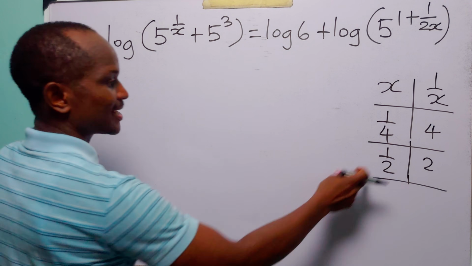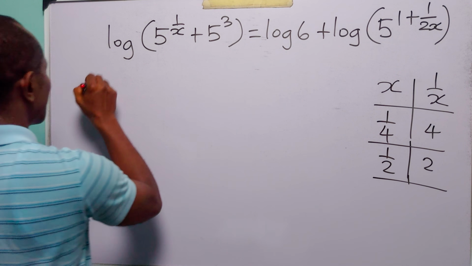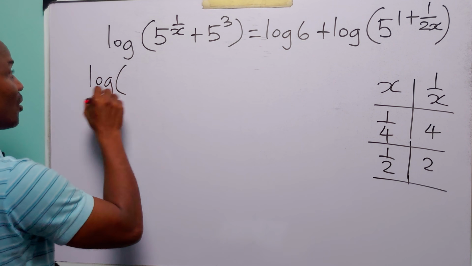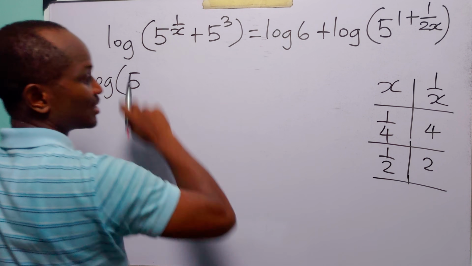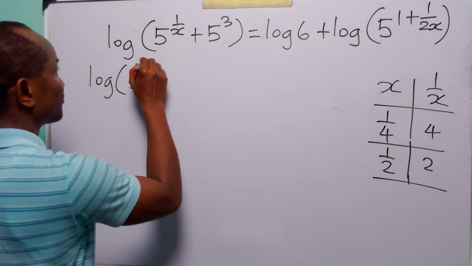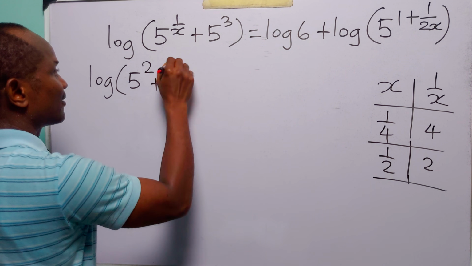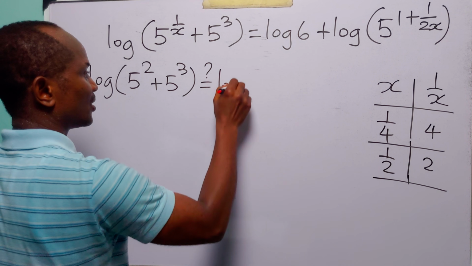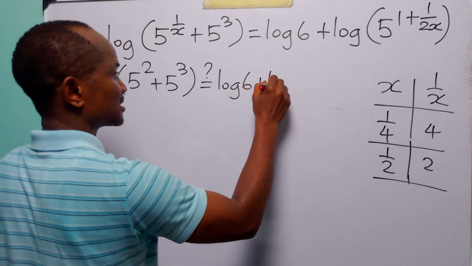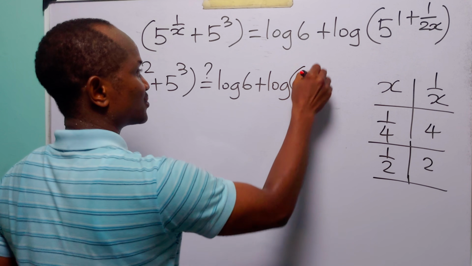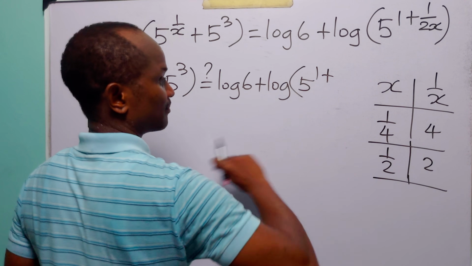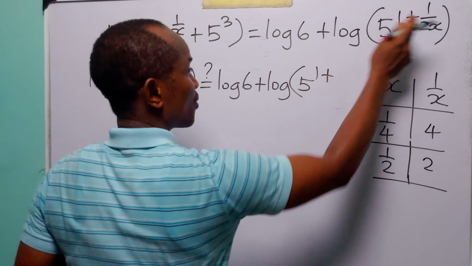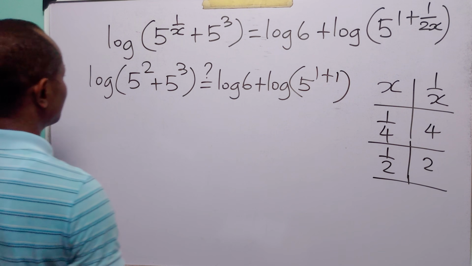Now, when x is equal to 1 over 2, then we have log of 5 to the power 2 plus 5 to the power 3. And here we have log 6 plus log 5 to the power 1 plus 2 over 2, which is 1.